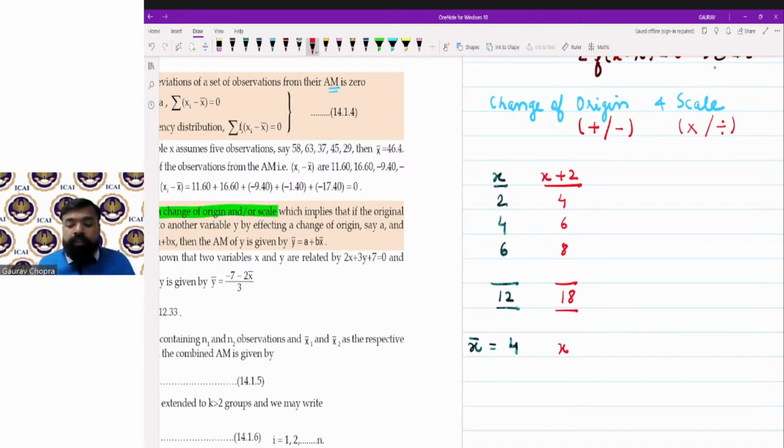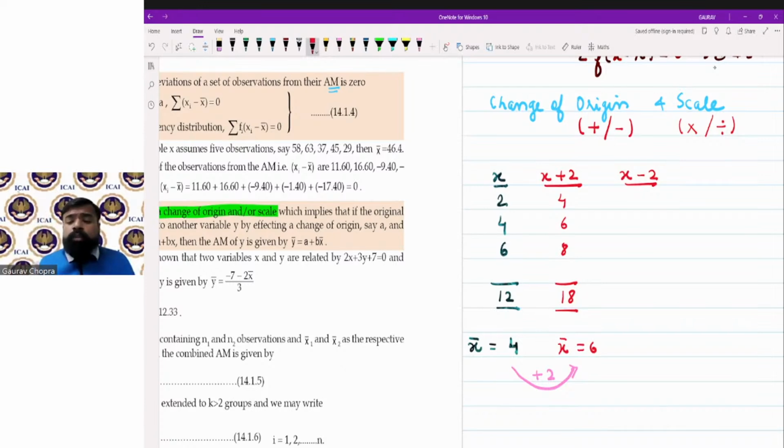18 upon 3 is how much? 6. So when all the observations are increased by 2, arithmetic mean also increases by 2. This is known as change of origin. Let us try with subtraction also.